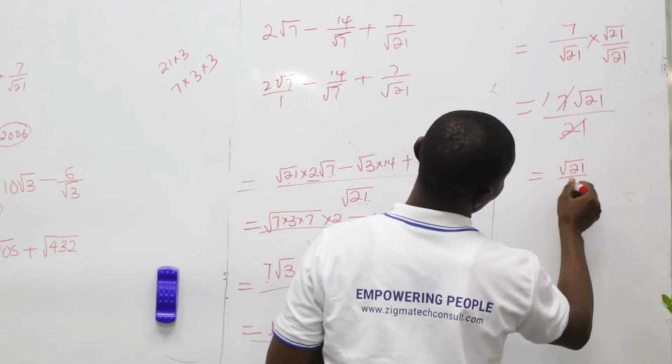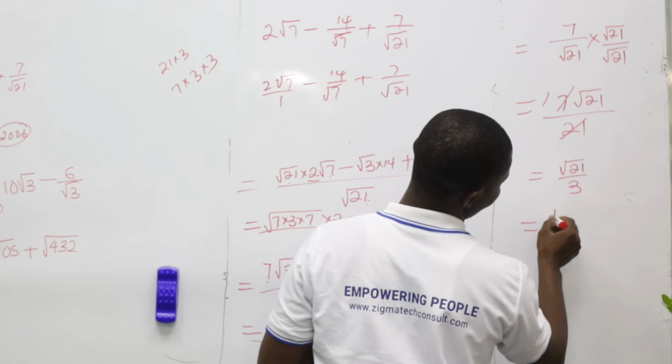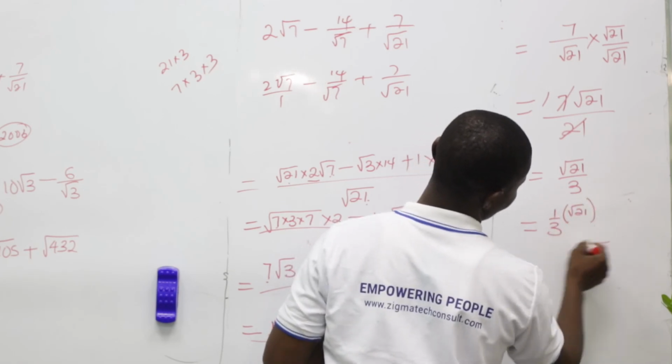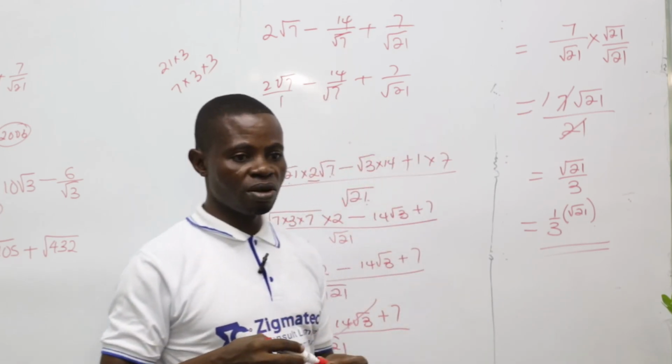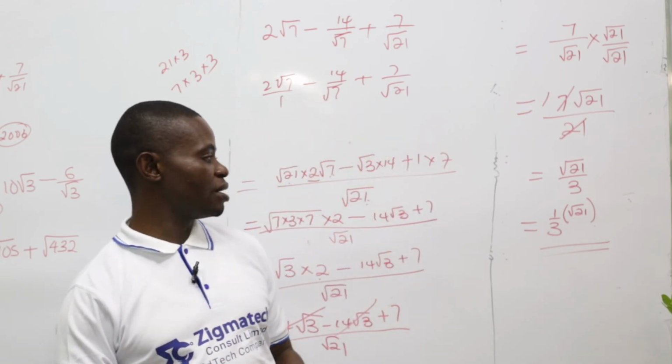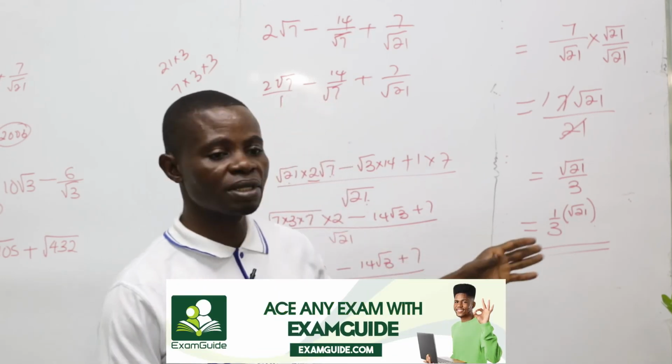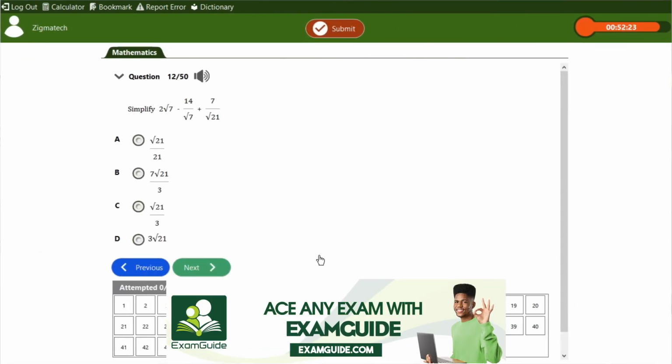Root 21 all over 3. Or you can say 1 all over 3 root 21. So that becomes your final answer. Looking at the screen, the solution for this answer is option C. So that's the final answer for this.